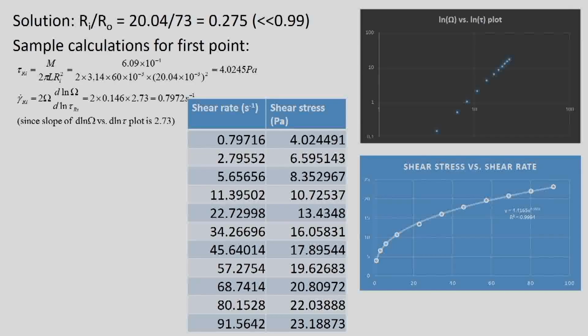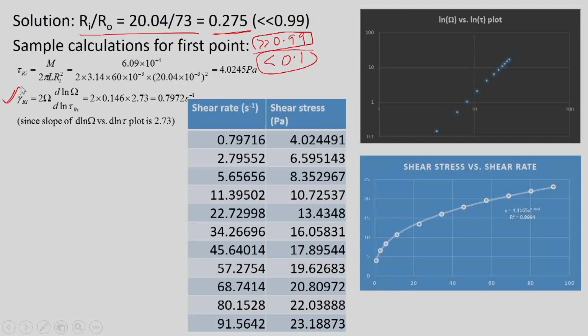So, R_i by R_naught here is 20.04 divided by 73, which is 0.275. Now it is neither larger than 0.99 nor less than 0.1 or 0.01. So, this is neither a narrow gap range nor a large gap range, but it is in between. So, we have to use this gamma dot expression.